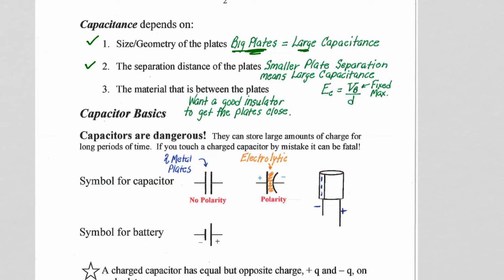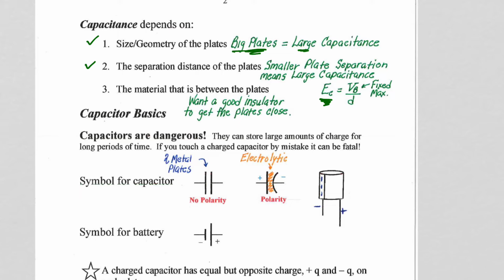It actually turns out that the smaller the separation distance between the plates will correspond to a stronger energy storage device in terms of the energy that can be released from that device. The energy of a device, we will see, is based on the strength of the electric field between the plates.